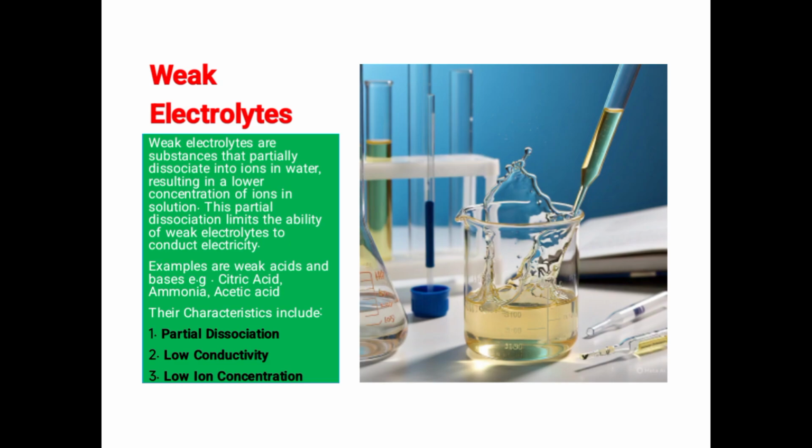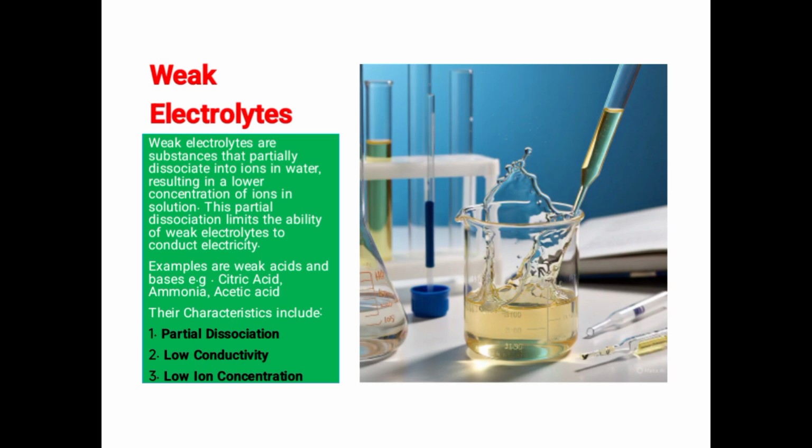A weak electrolyte consists of substances that dissociate partially into ions in water, resulting in a lower concentration of ions in solution. This partial dissociation limits the ability of weak electrolytes to conduct electricity. That is, they are not going to be able to conduct efficiently when compared to the strong electrolytes.